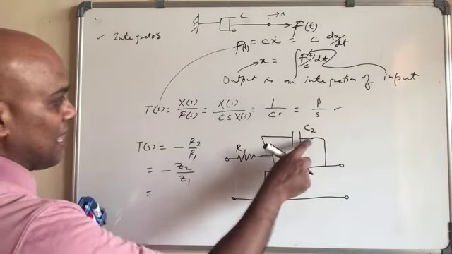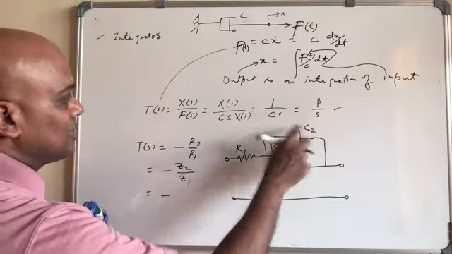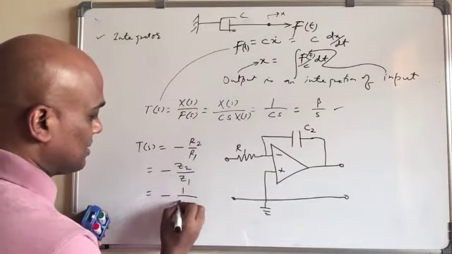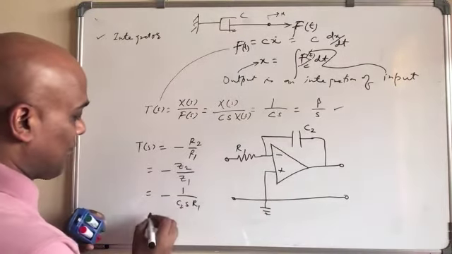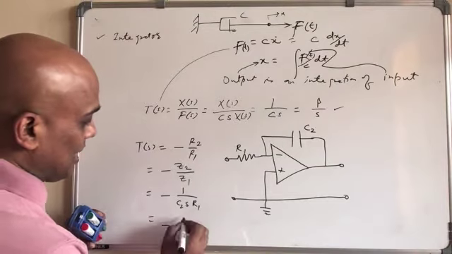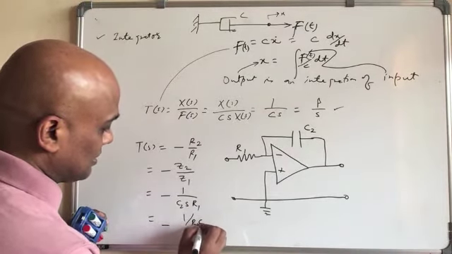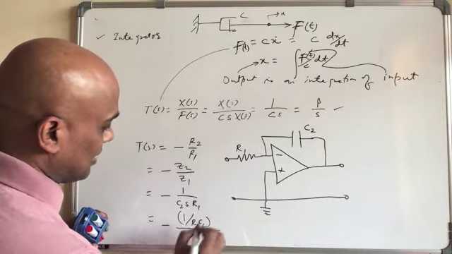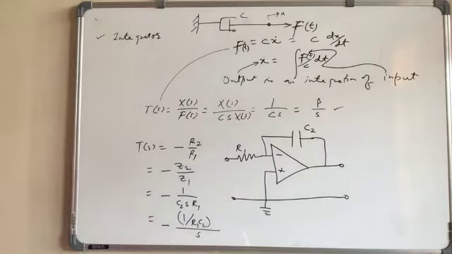One of the ways will be having a capacitor here, hence Z2 equals 1 over C2 S, and then Z1 is R1. So what you get is minus 1 over R1 C2 divided by S, right? We get it like that.